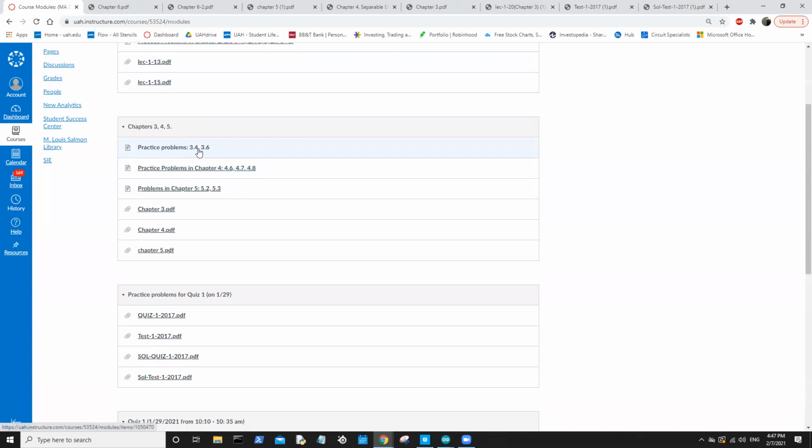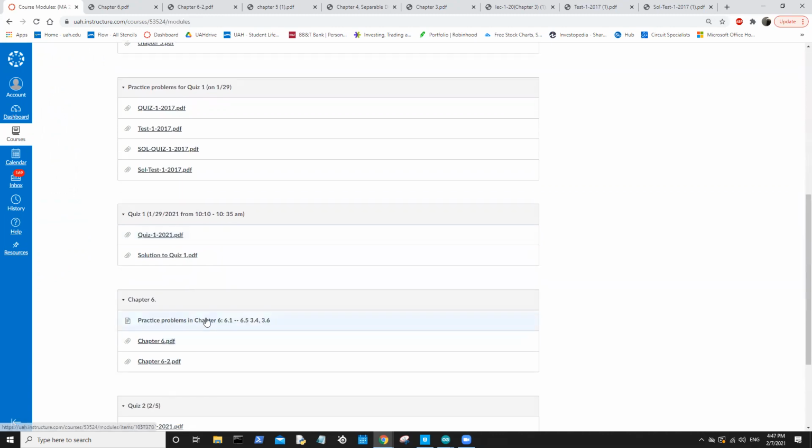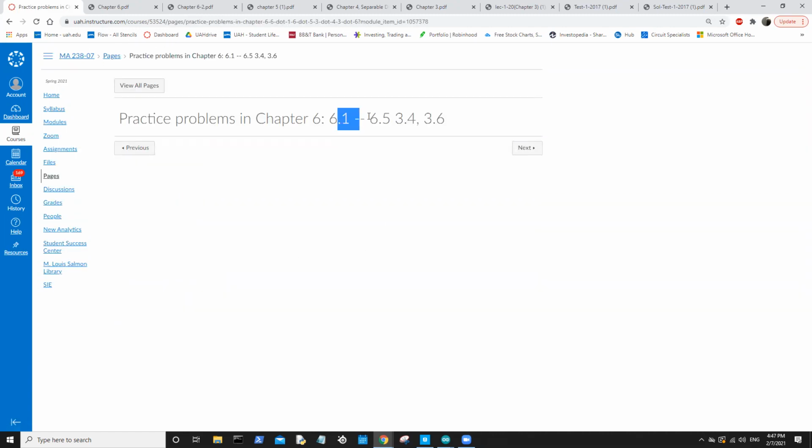Yeah, right there. Although looking at 3.4, 3.4 does have A through J problems. So we're not going to do those. We'll just look at maybe 2 of the 6 problems that he wants us to look at in 6. So I have to go find this additional exercises tab for chapter 6.